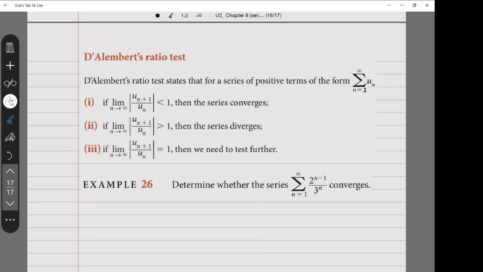If it is greater than 1, then the series diverges. If it's equal to 1, then we need to test further.